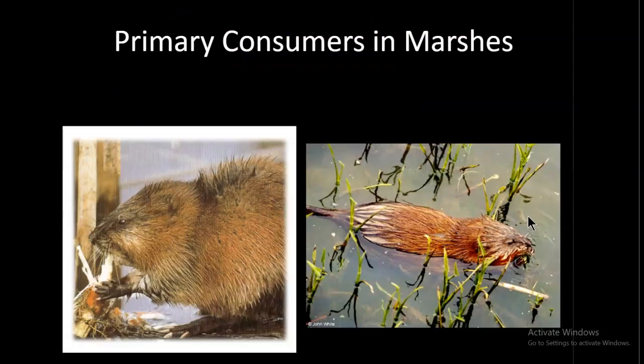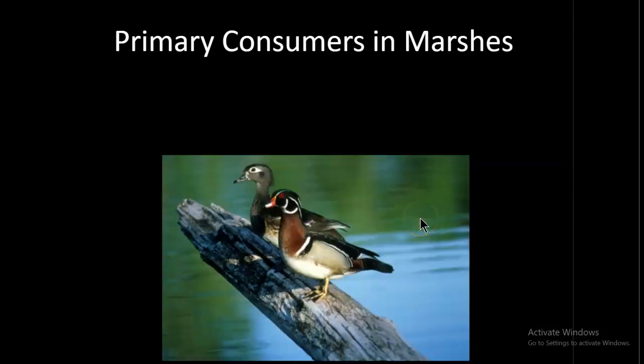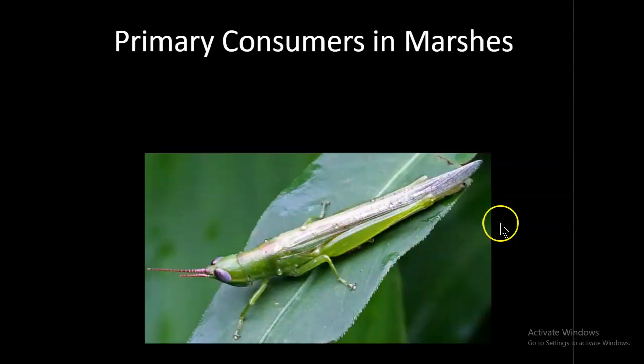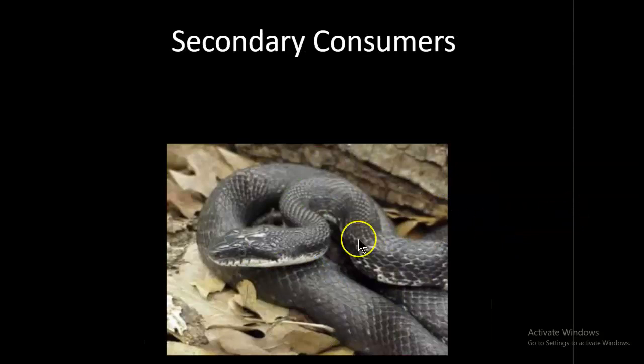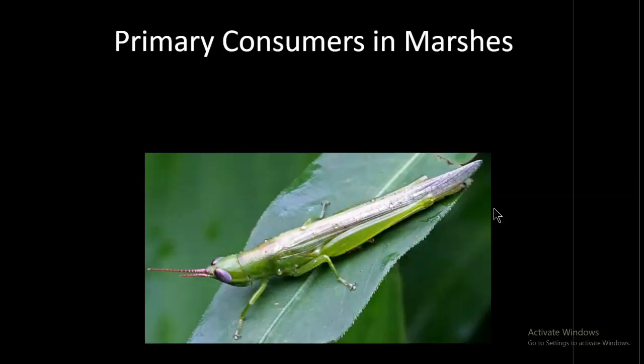Okay, so here are some primary consumers, and notice, they're eating plants. We have the ducks, they'll eat plants. These guys, and this is a secondary consumer. So like a snake is going to eat something like this.